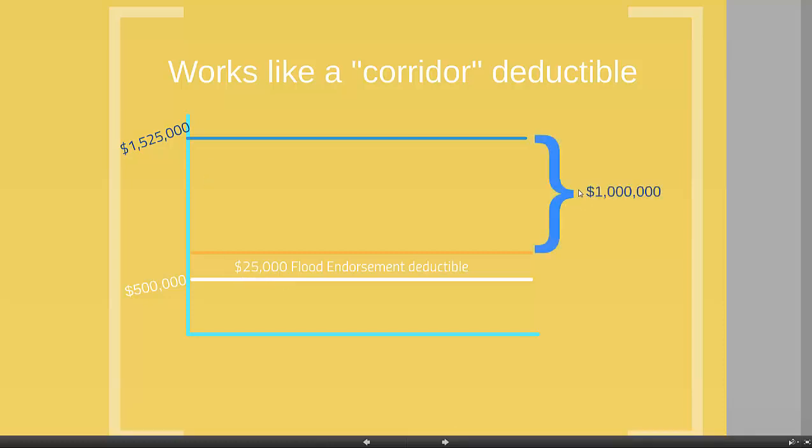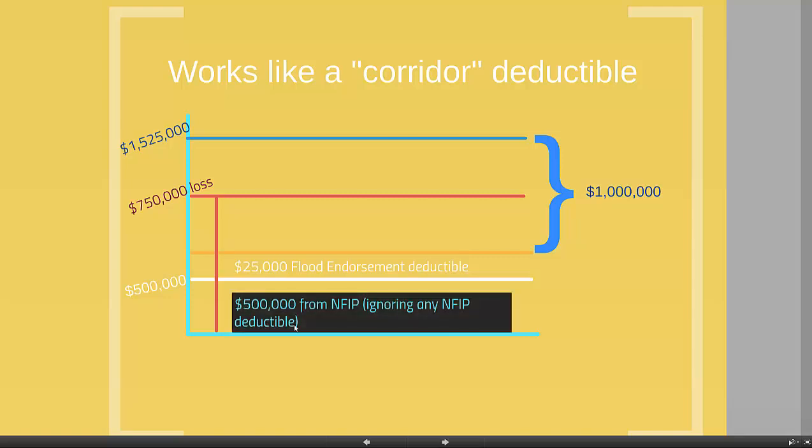And then the flood endorsement would be $1 million of coverage. So looking at our $750,000 loss, the insured would get $500,000 from NFIP, ignoring any NFIP deductible. Again, pay $25,000 out of pocket and receive $225,000 from the flood endorsement.